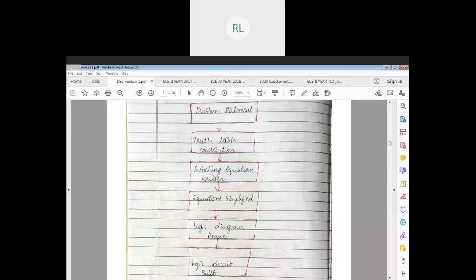Remember, your assignments carry 7.5 marks. 2 assignments, 7.5 each, which is 15. Quiz 1 and quiz 2 will carry 5 marks each, which is 10. So 15 plus 10, 25 marks from quiz and assignment, and another 25 marks from CI 1, 2, and 3. I hope you are clear with this breakup. Are you all clear with this breakup of marks?